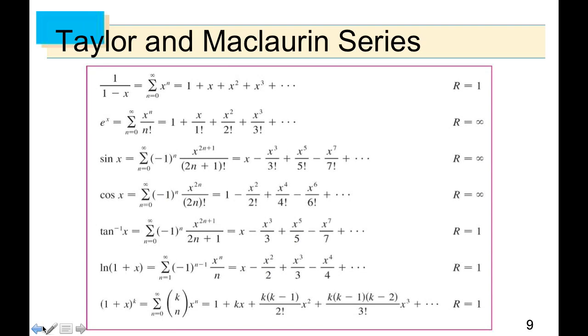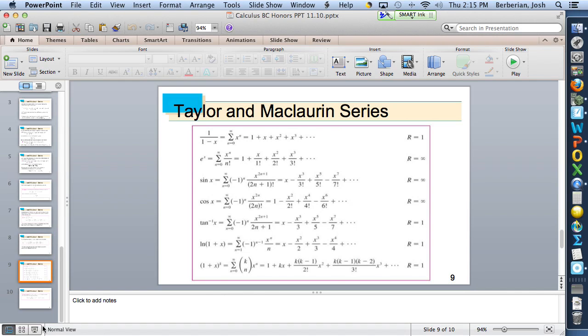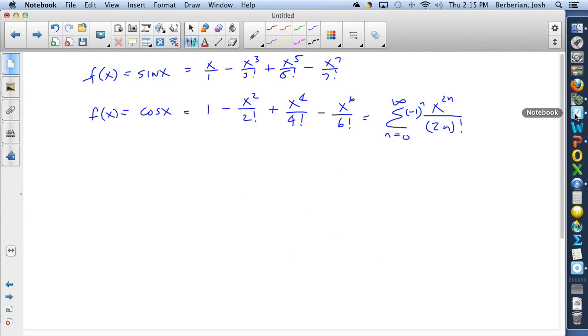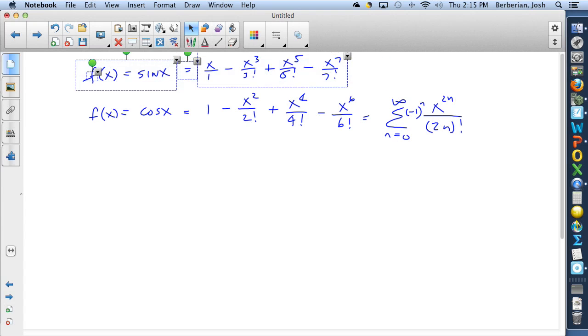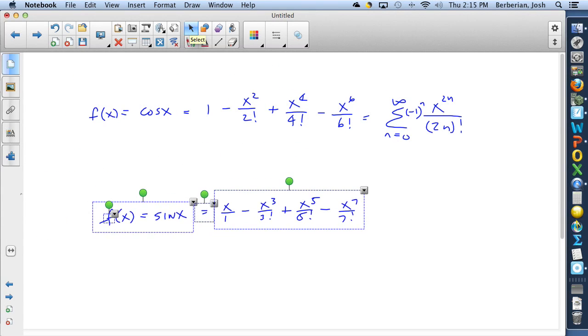If I take a look at sine x, after all this work, I'm not sure I feel like doing the ratio test. Oh, we're not even done yet. All right, so let's take a look here at sine x.